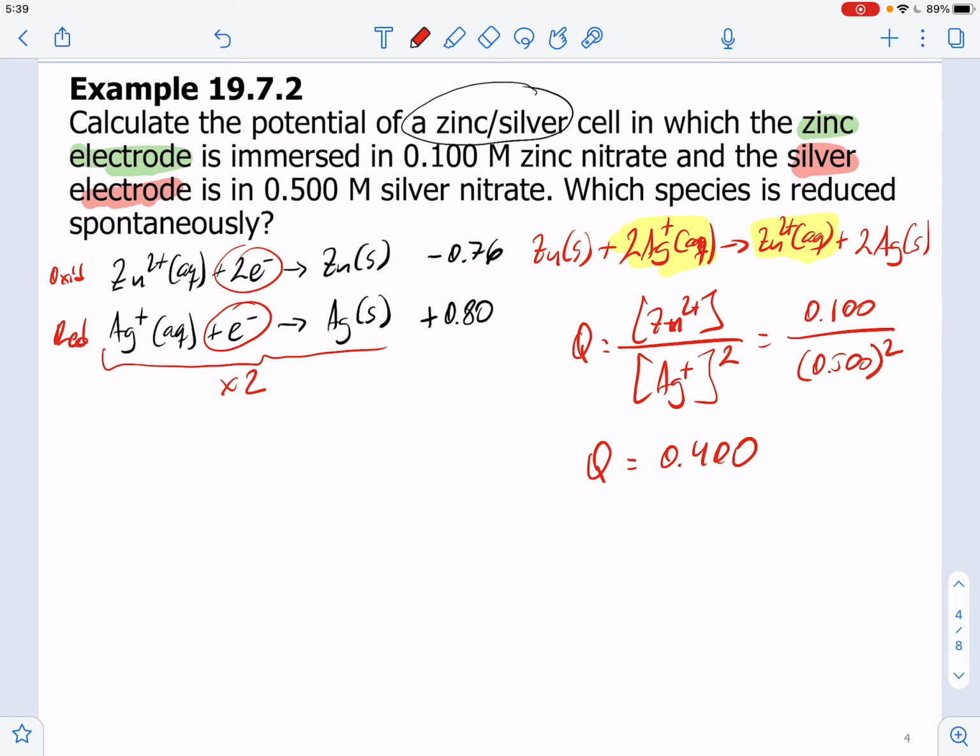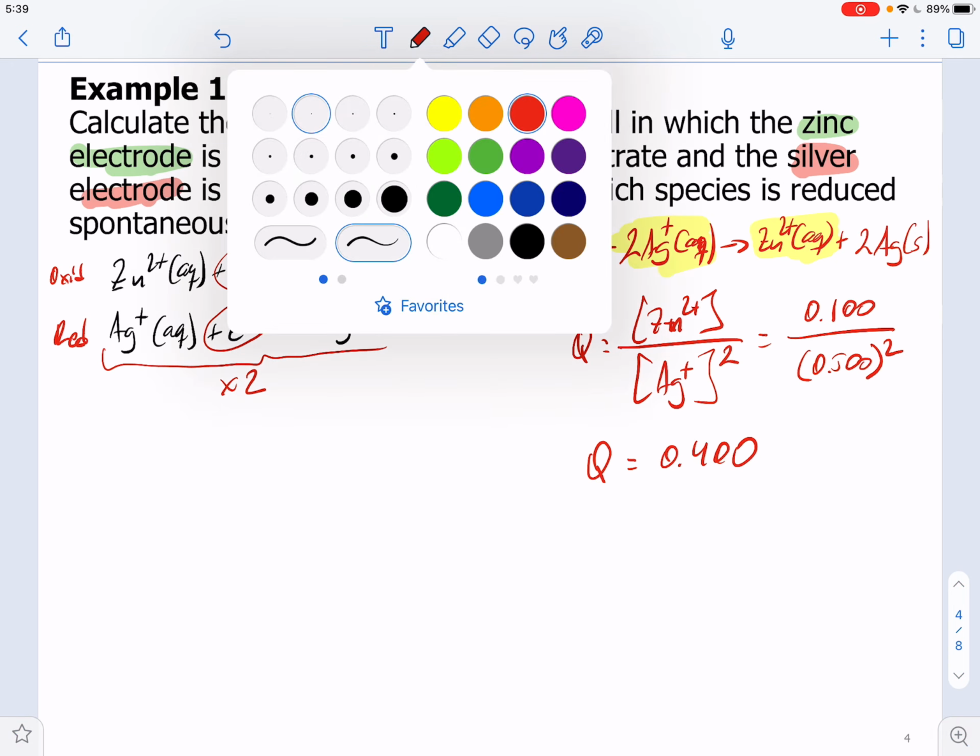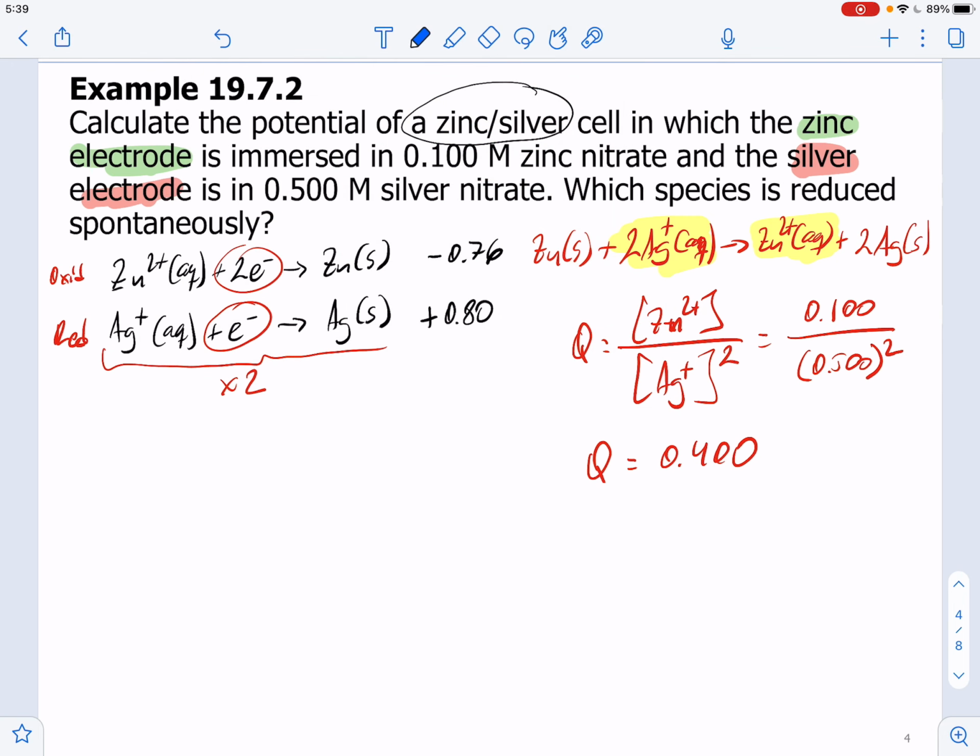So what is the standard potential in this cell? The standard potential is cathode minus anode, correct? So this is your cathode, this is your anode. The standard potential for this cell is going to be plus 0.80 minus minus 0.76, and this is equal to 1.56 volts.